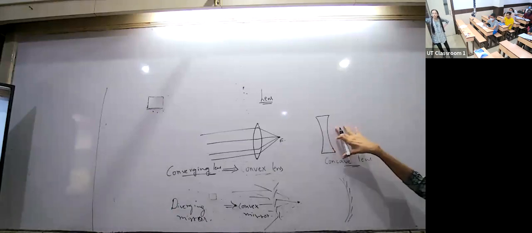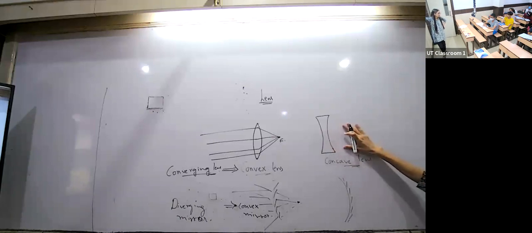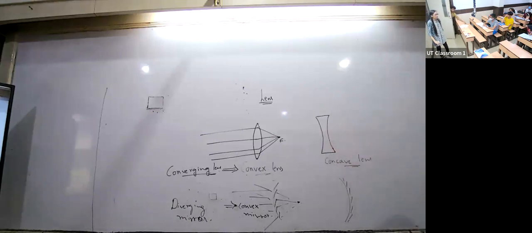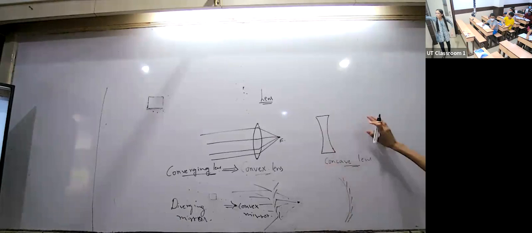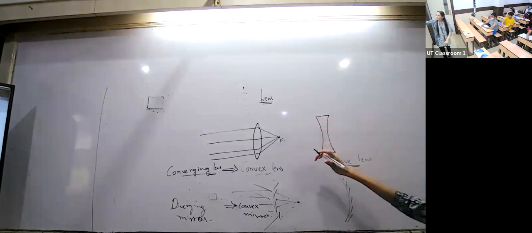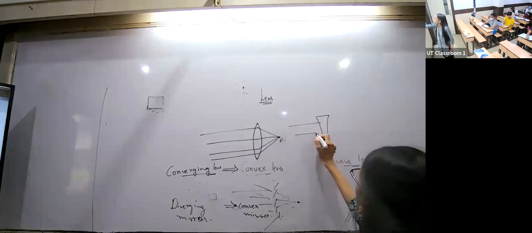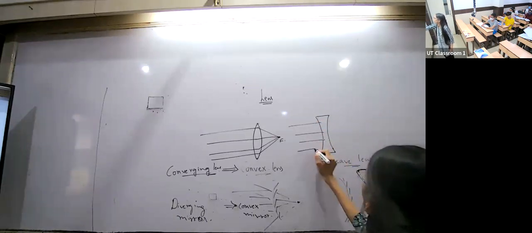Now again, I have to find the focus of this particular lens. So then again, what will happen when it is hitting my concave lens?